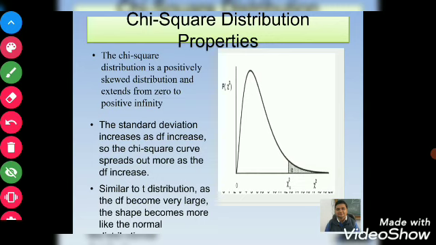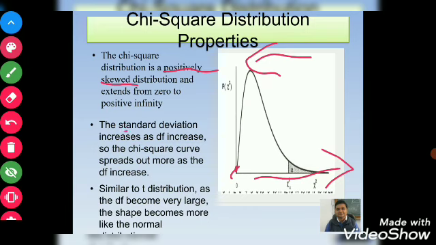The chi-square distribution is positively skewed, and it extends from 0 to positive infinity. That means you have to remember that the value of chi-square will always be positive.